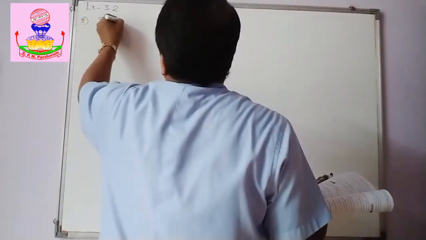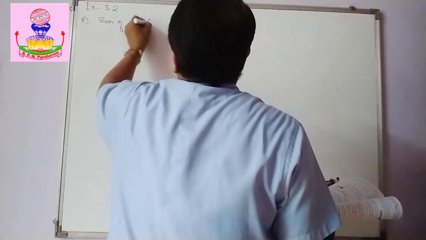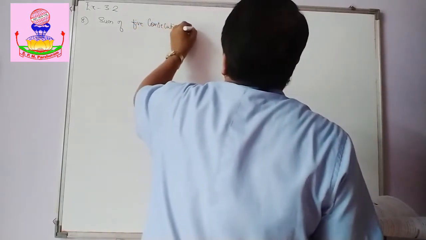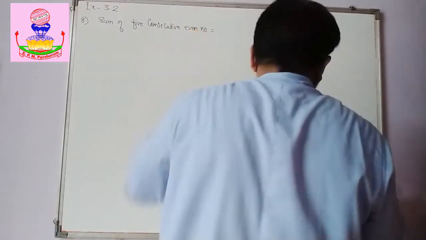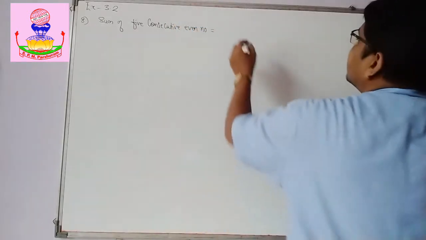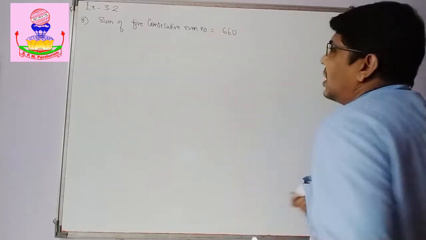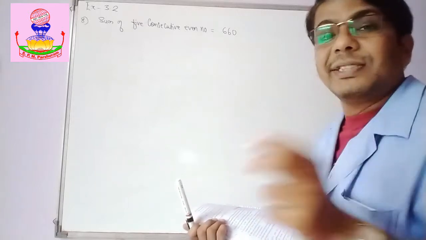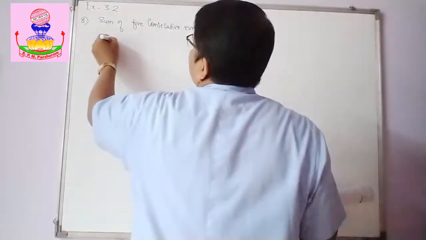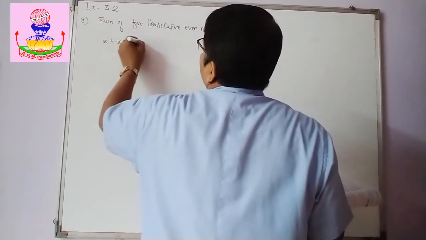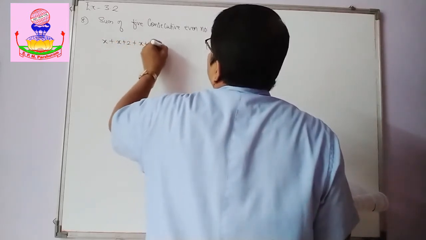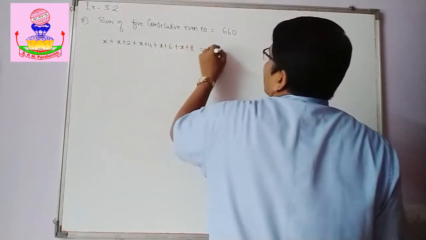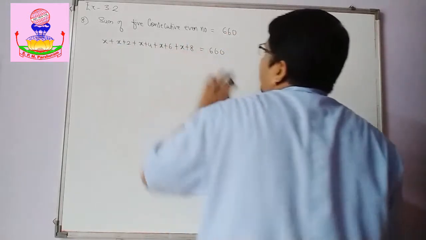The sum of 5 consecutive even numbers is how much? 660. Okay. Here only this sum is given. So what does it mean? x plus (x plus 2) plus (x plus 4) plus (x plus 6) plus (x plus 8) is equal to 660. 1, 2, 3, 4, 5.